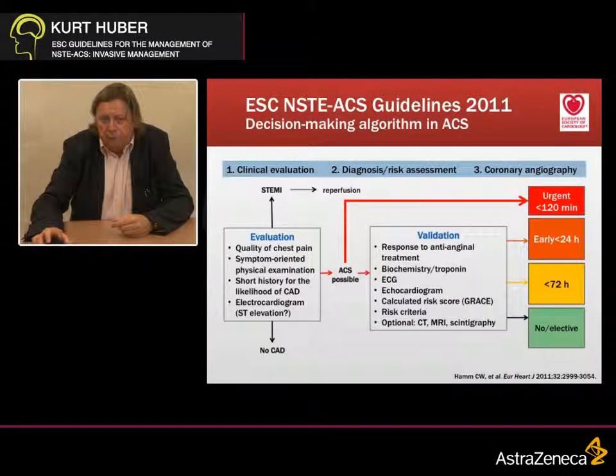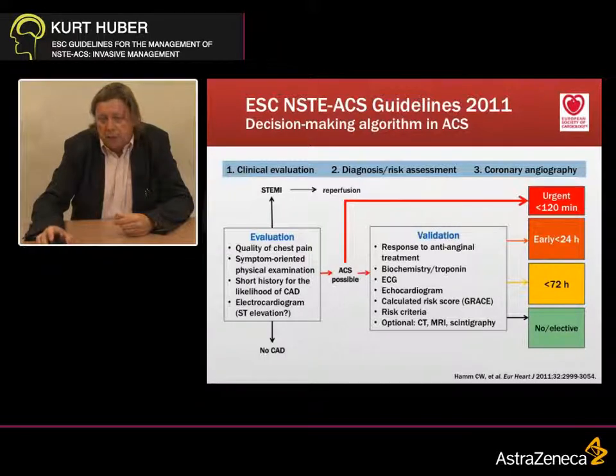Now there are different other decision-making algorithms in acute coronary syndrome, and these algorithms include a clinical evaluation, then a diagnosis and risk assessment, and finally, if necessary, coronary angiography as diagnostic method. Clinical evaluation means that the quality of chest pain is important.